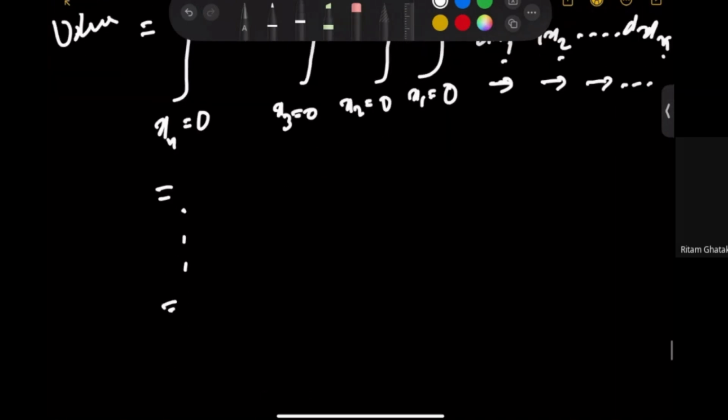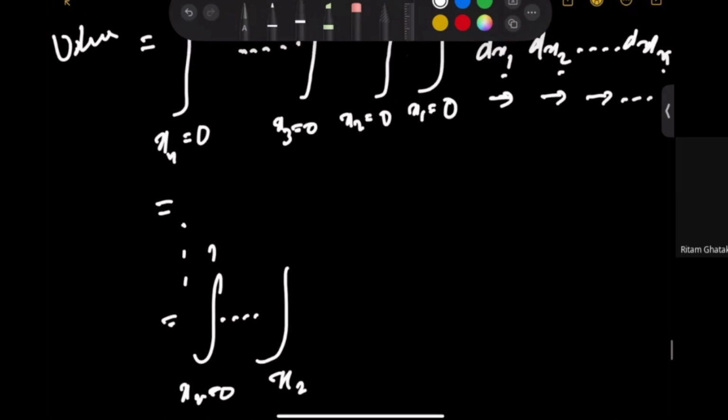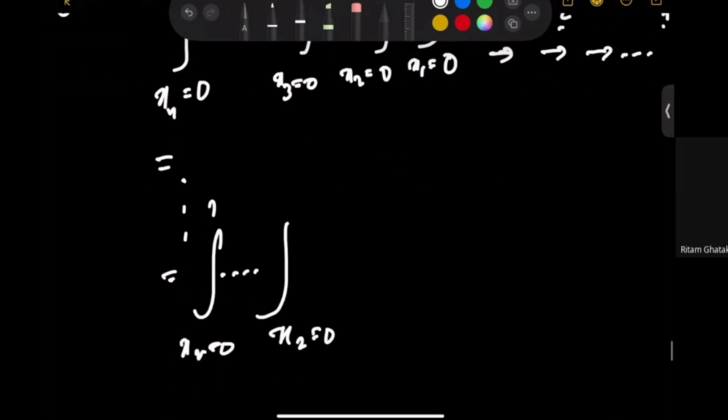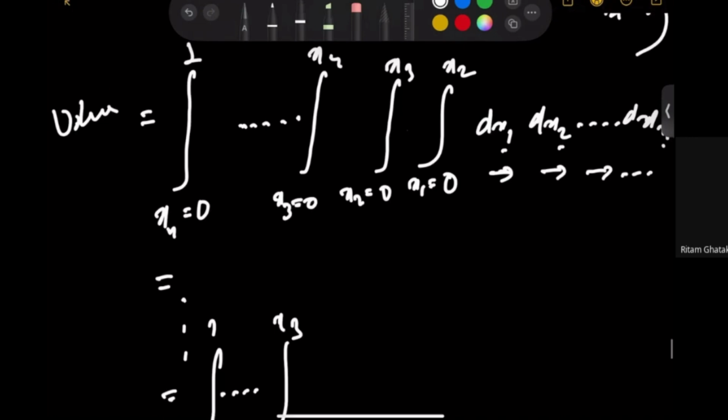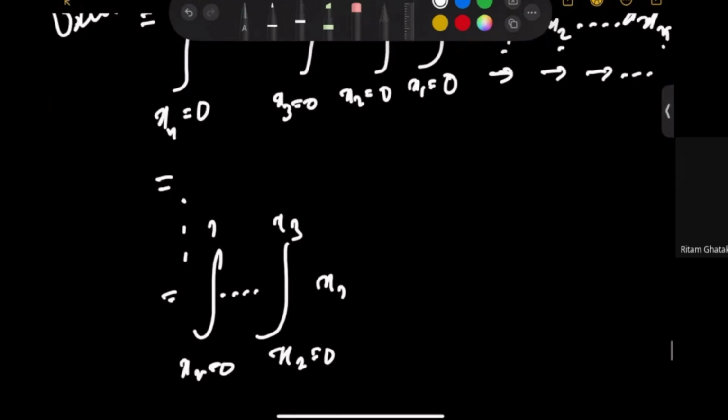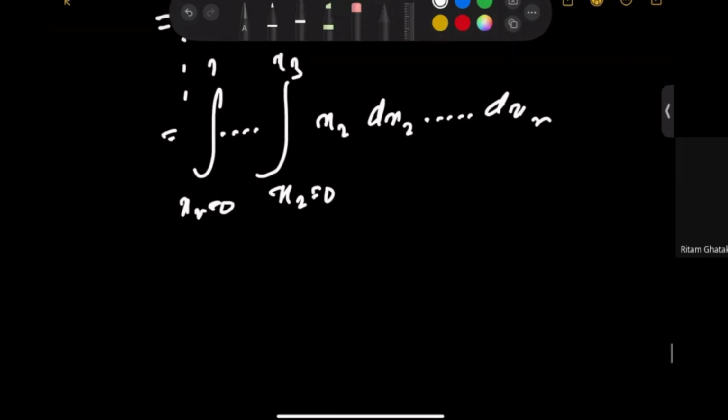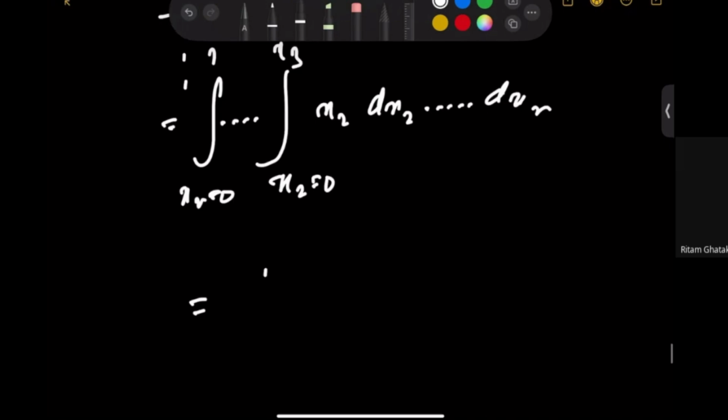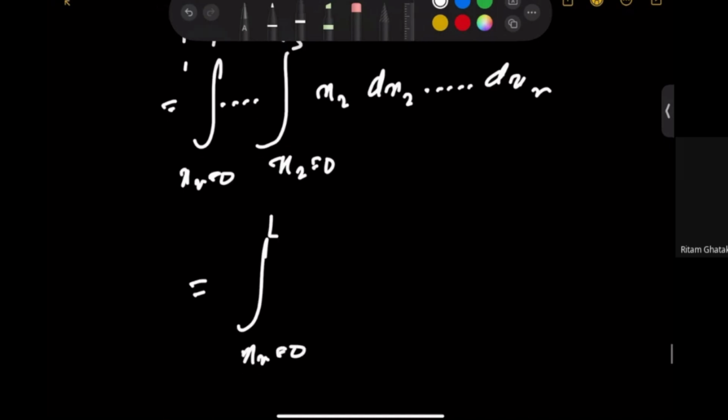I'll just make it quick. I'll just do the first one maybe. So xn going from 0 to 1, then x2 from 0 to x3. And x1, if you take care, will give x2. So it will be x2 dx2, which gives x2 square by 2, so it will be 1 by 2.